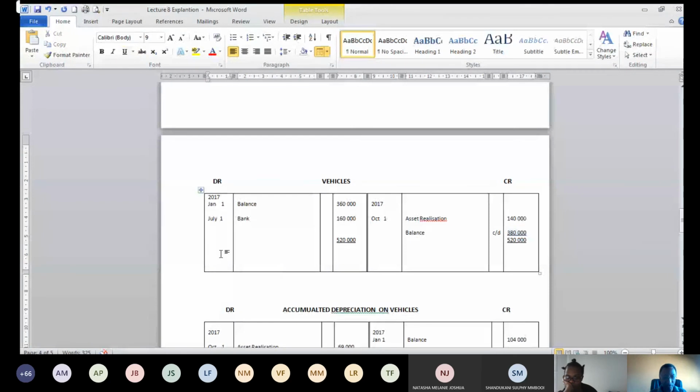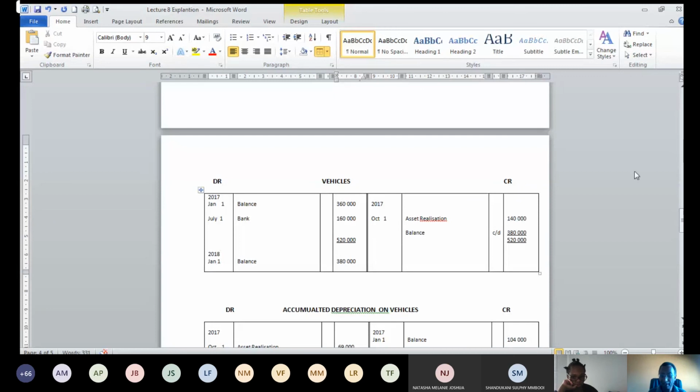So in the new financial year, which will now be 2018, on the 1st of January, you will start with a vehicle account, and the balance in your vehicle account is the amount of 380,000 Rand.